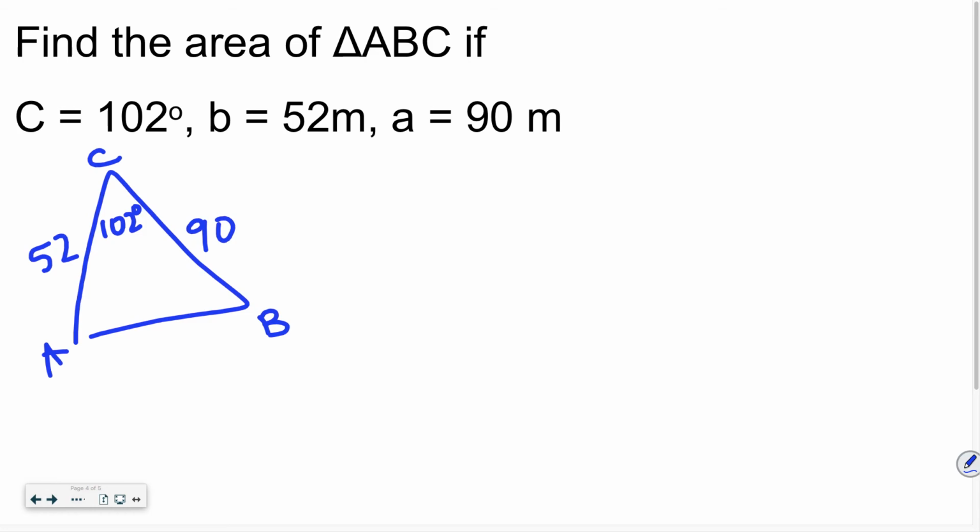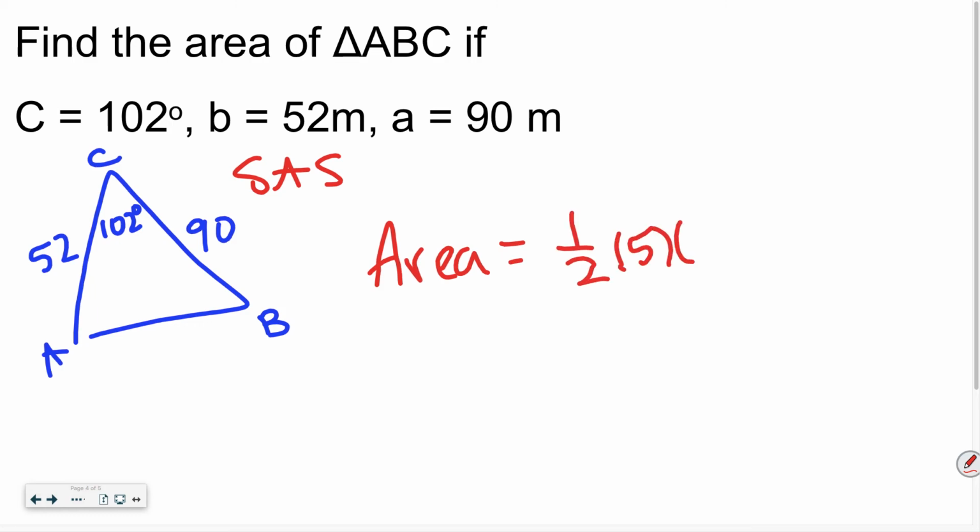You betcha. So, since we have side angle side, then we can find the area by taking 1/2 times the side times the side times the sine of that angle that's in between.